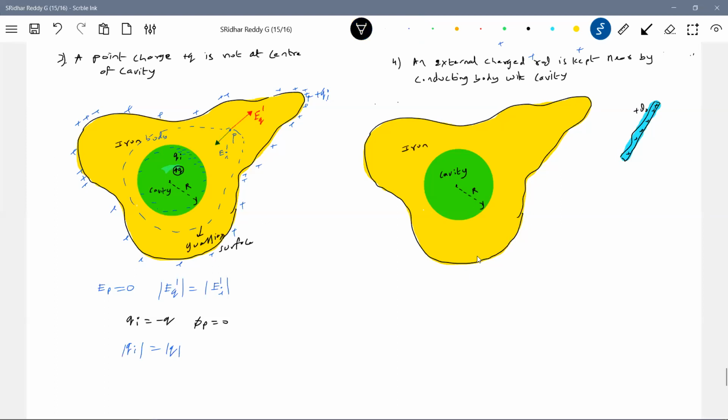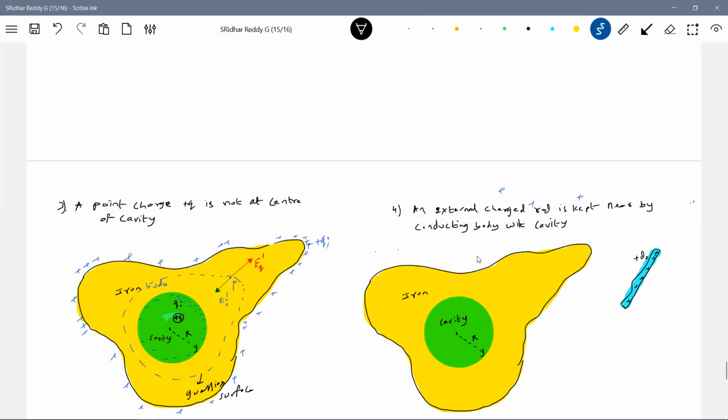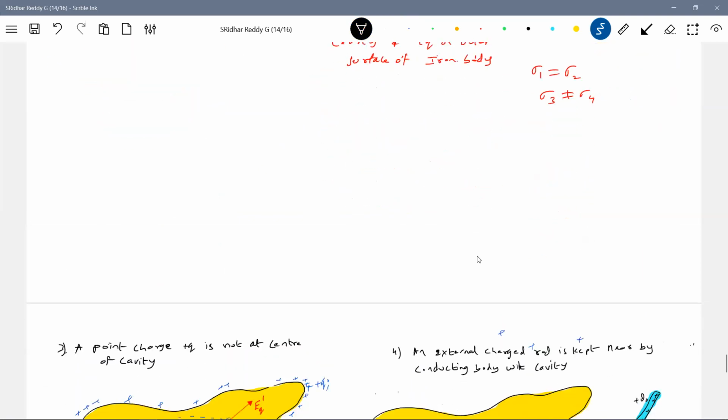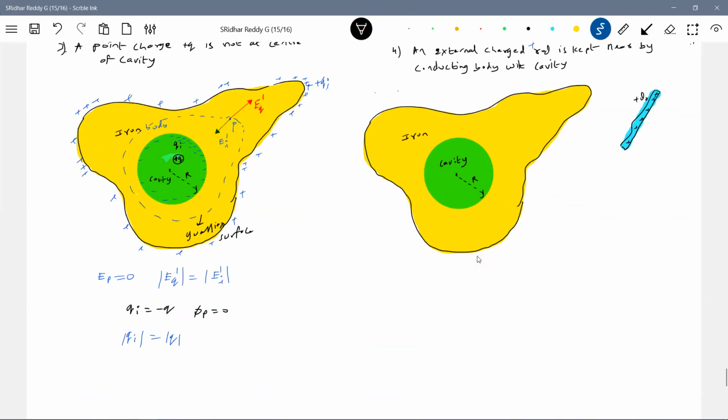Now look at the charge density. I'm interested in these points. What were the points we took? 1, 2, 3, 4, no? 1, 2, 3, 4. What happens? Sigma 1 dash not equal to sigma 2 dash. Sigma 3 dash greater than sigma 4 dash.